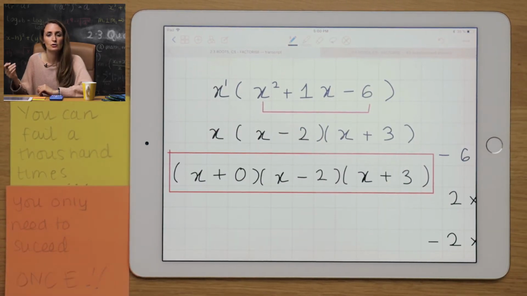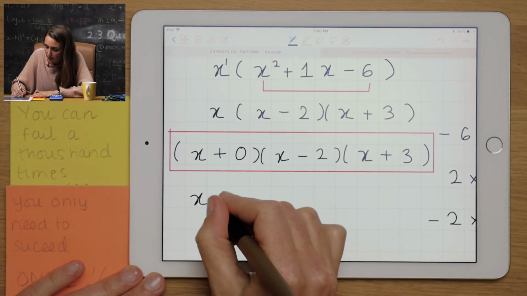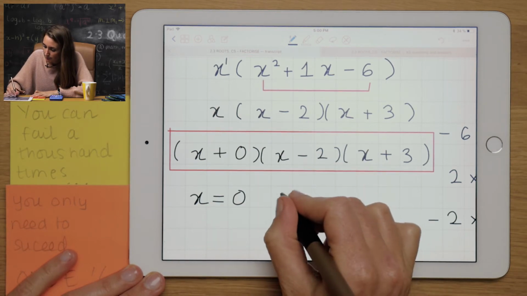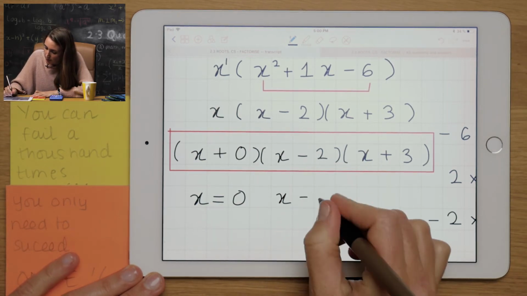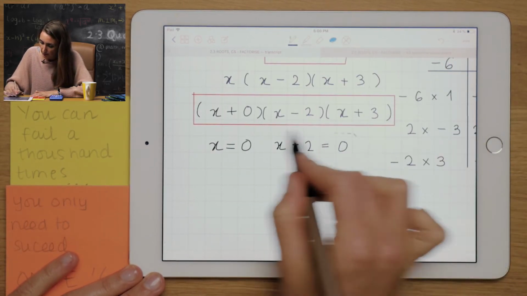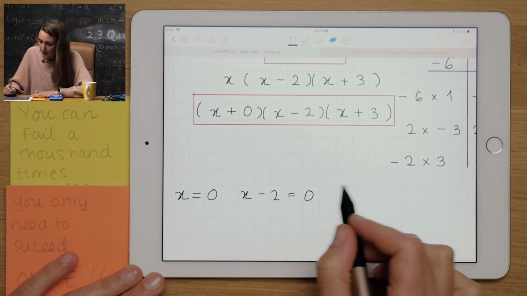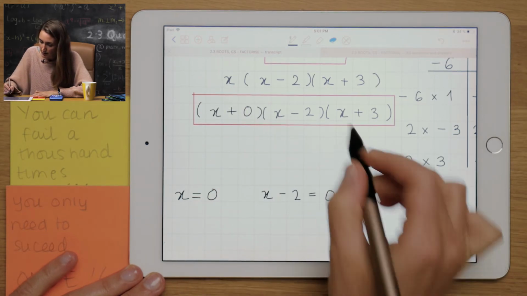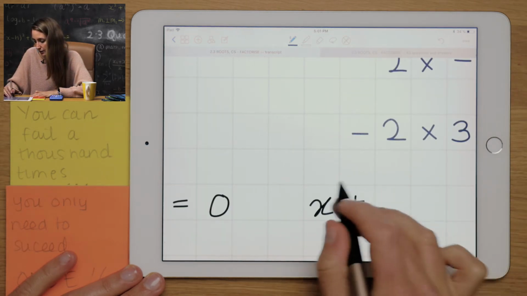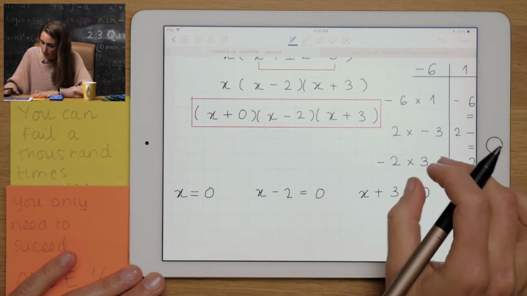If the question asks you to go one step further and solve, you need to make each of those brackets equal to 0. So the first one will be x equals 0. The second one will be x minus 2 equals 0, and x plus 3 equals 0.